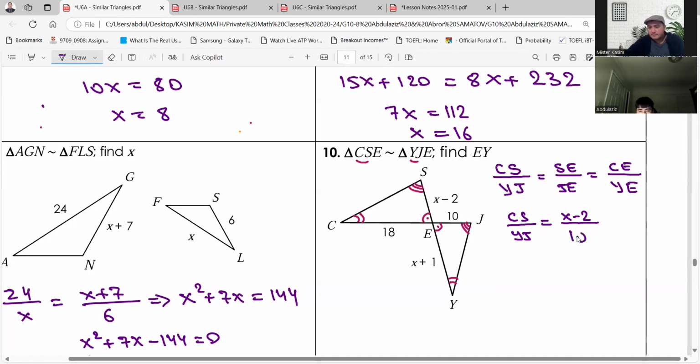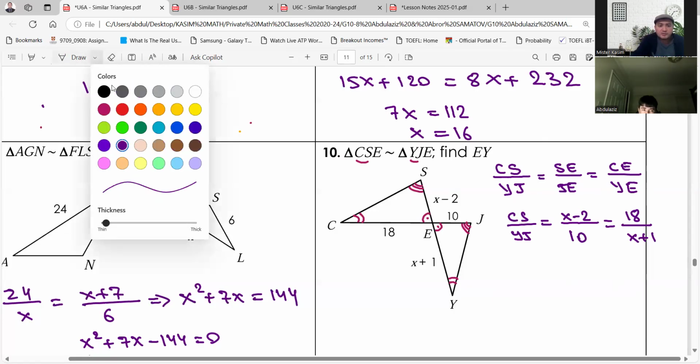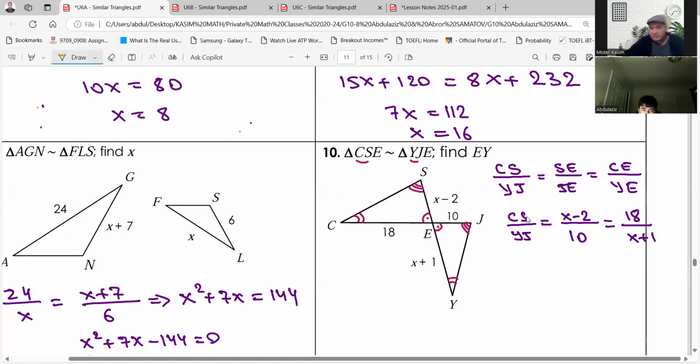What is CE? 18. What is YE? X plus 1. So now I'm going to solve it for X. The first ratio I don't need, I just need this part.